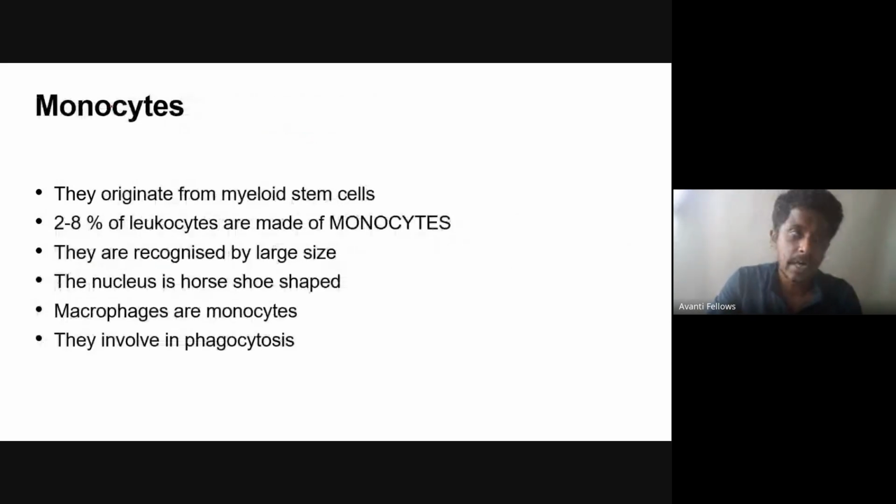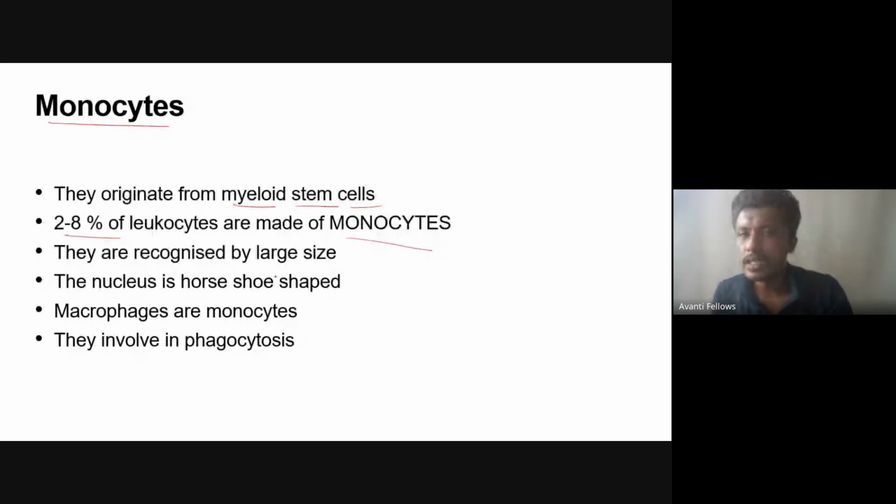And the next type of WBC is monocytes. Remember, these monocytes originate from myeloid stem cells. 2 to 8% of the WBCs are made up of monocytes. They are very, very large cells. And if you look at the monocyte, this is the cell.